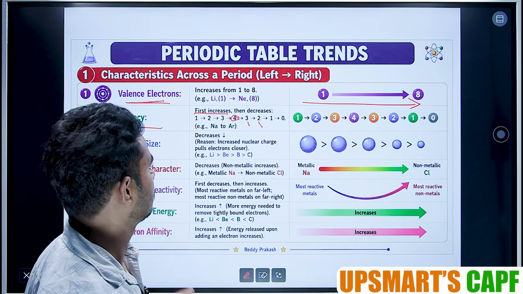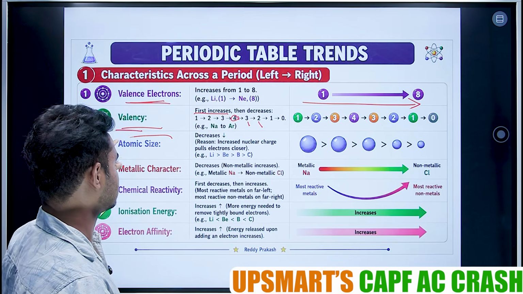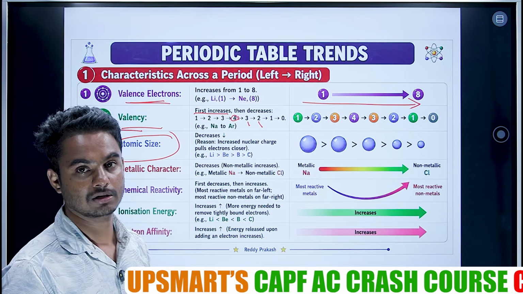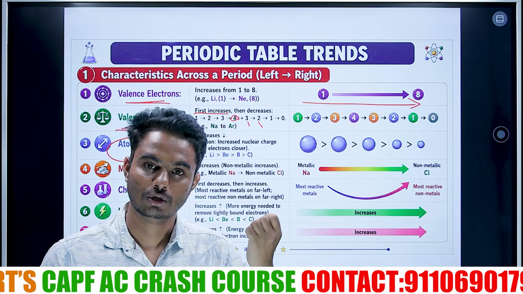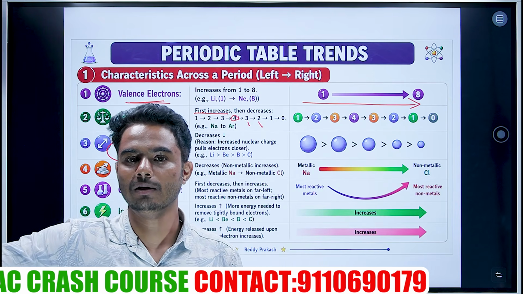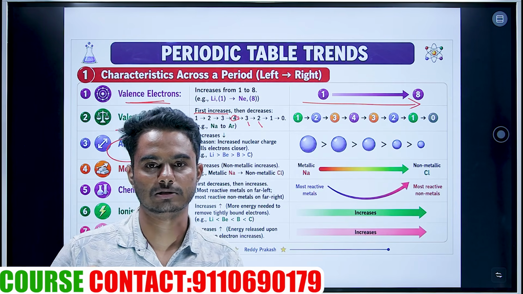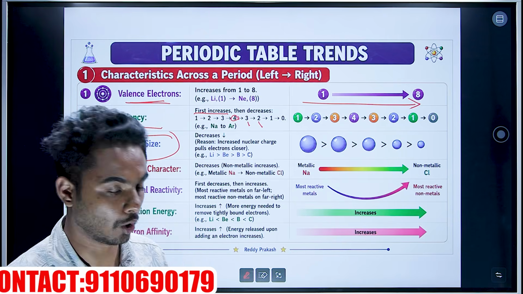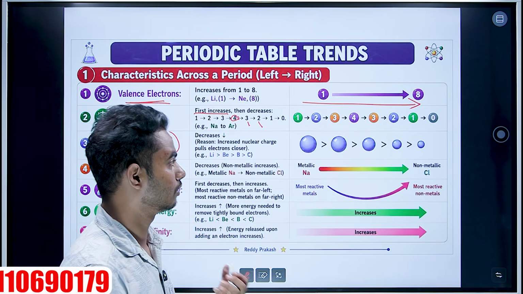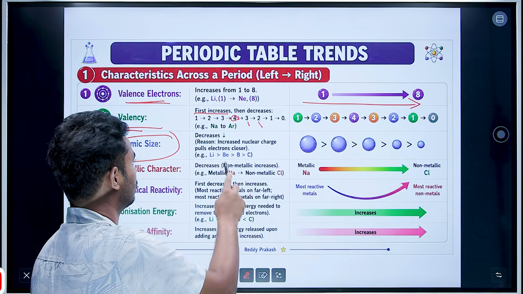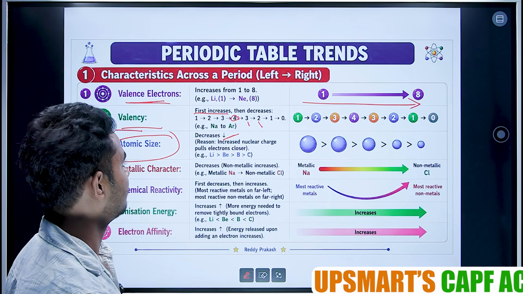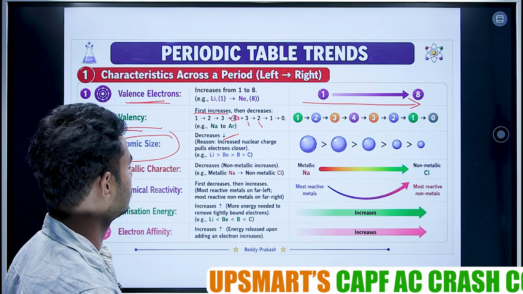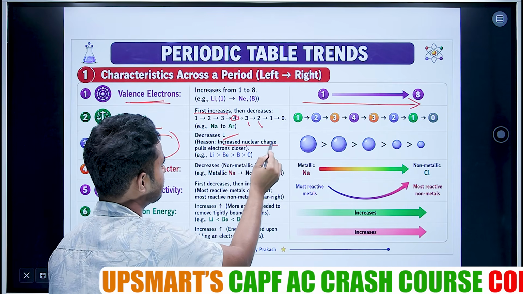Then atomic size. You might feel like, sir, lower atomic number has lower atomic size, and higher atomic number will obviously have higher atomic size. This is not the case at all. Atomic size will decrease because of increased nuclear charge.